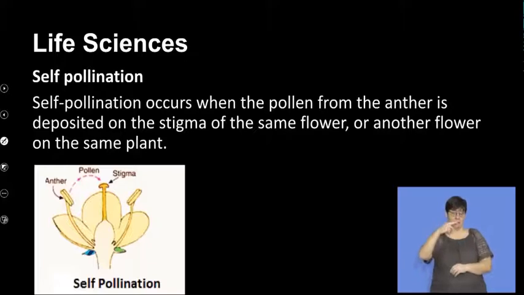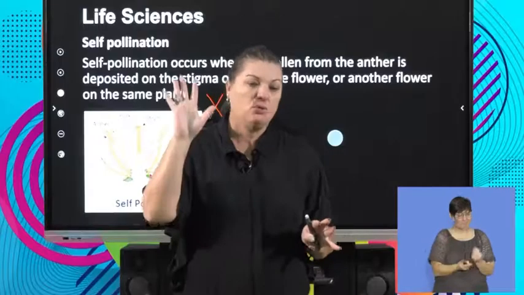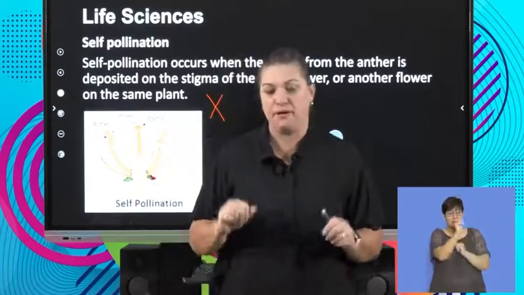Okay, guys, now two concepts I just want you to understand. Self-pollination is when the flower pollinates itself. Look here. It goes from the anther of its male to the stigma of its female. We don't want that to occur. Although it does occur, we don't really want to have it happening. Why?